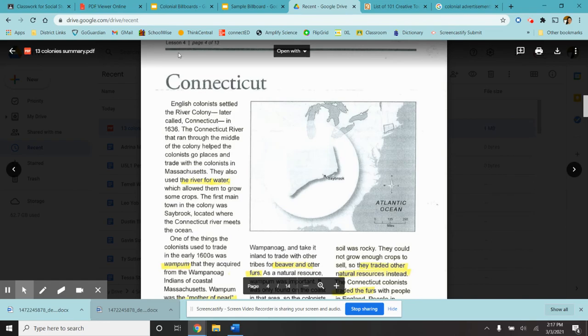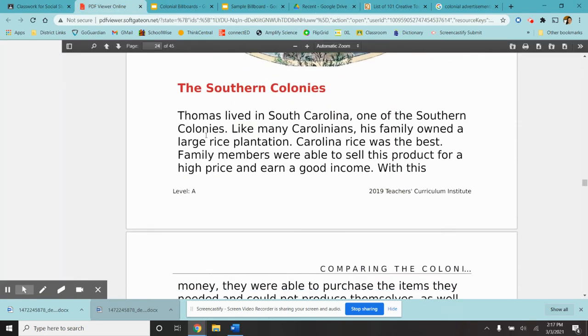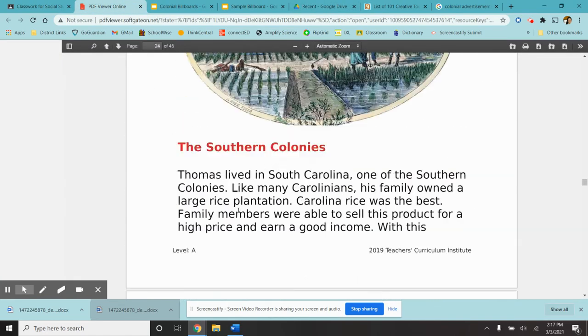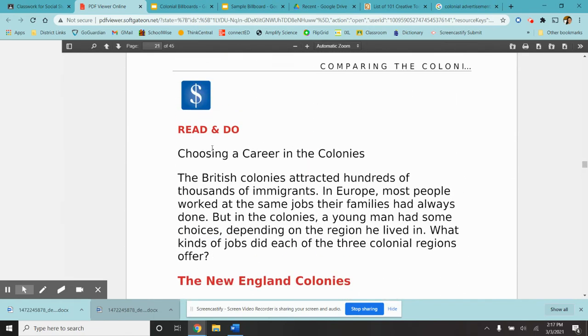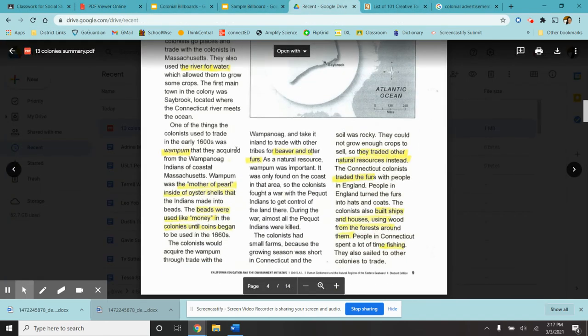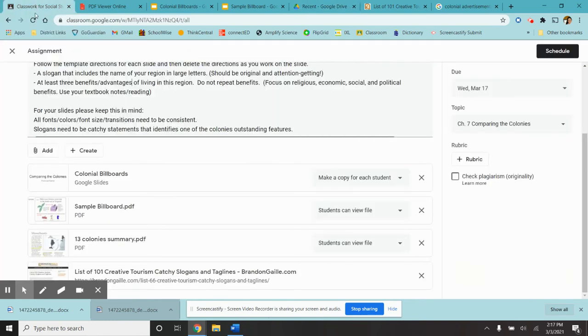But between the reading in our book, the read and do on choosing a career in the colonies, what we covered in the chapter, and this additional reading that's posted, there's more than enough information for your slogans and your images for your slides.